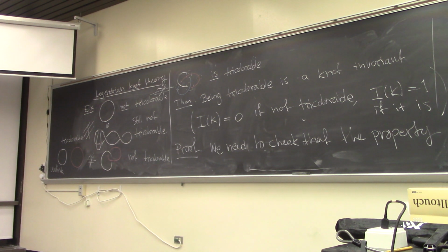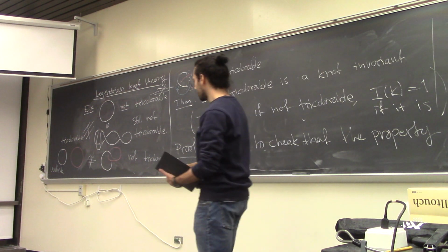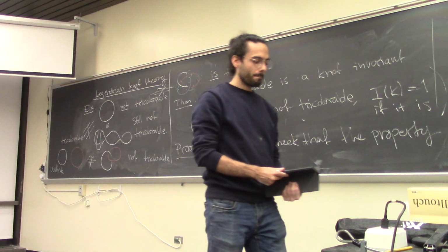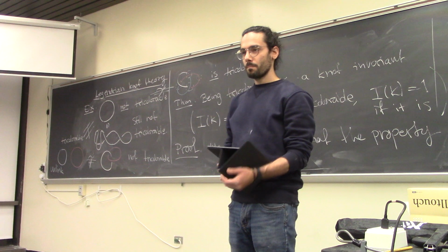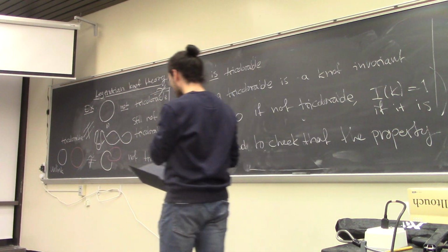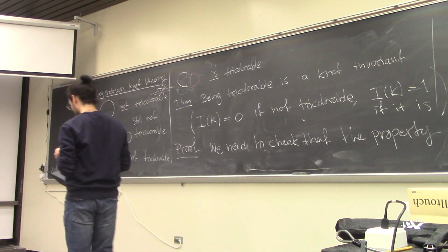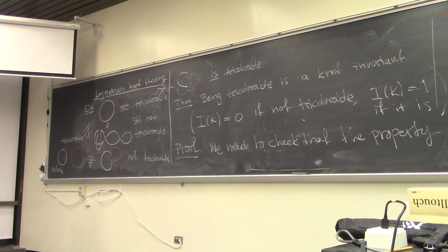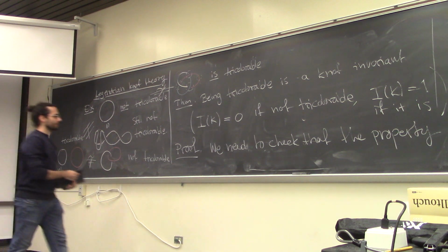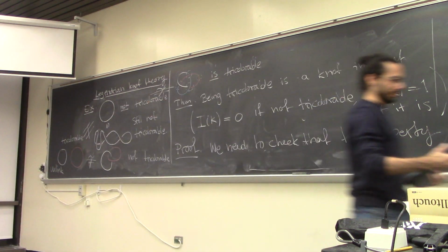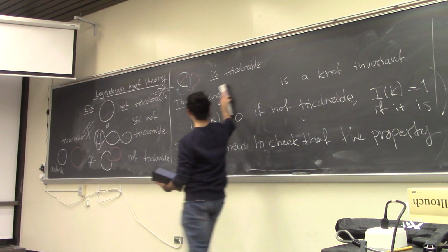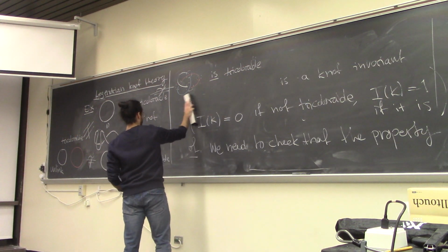If you have a tricolorable knot and a not tricolorable knot, and you remove a link component from the not tricolorable one, will they still necessarily not be the same? I did not quite follow. You have two knots or links, and you remove some part of one of them.